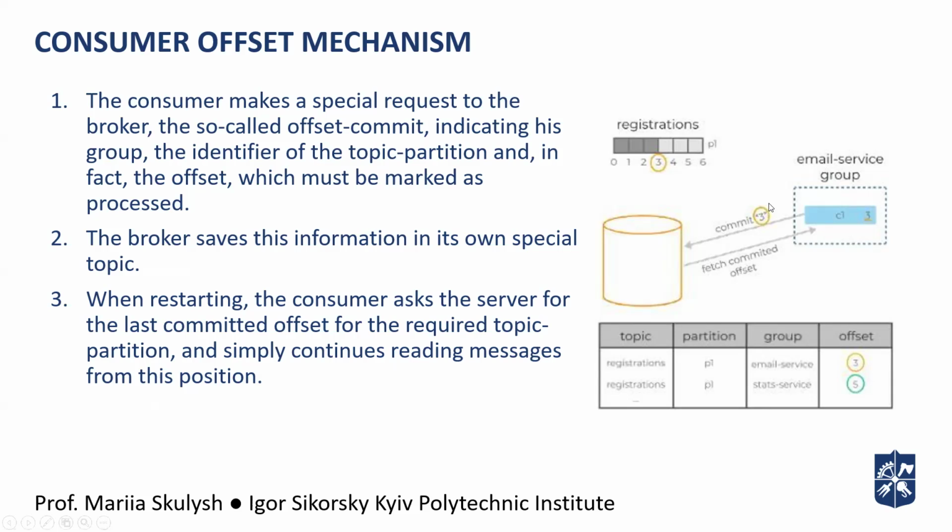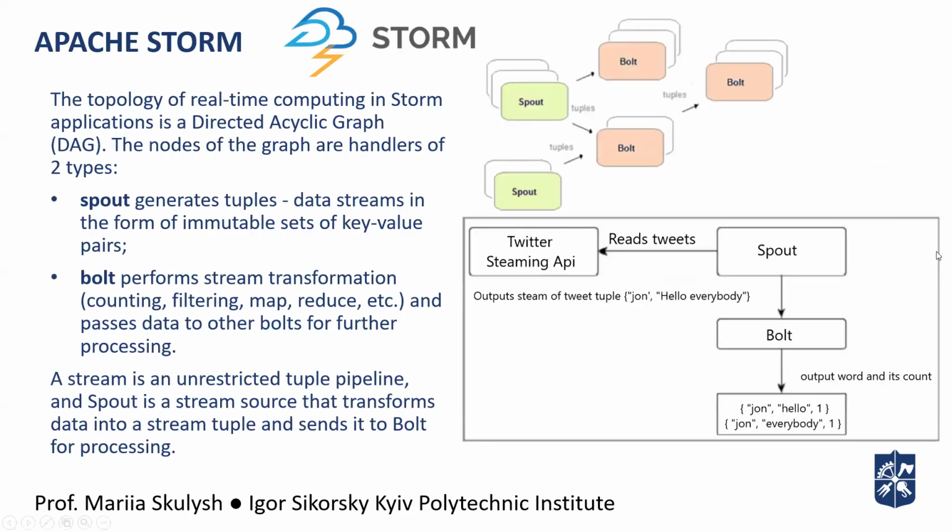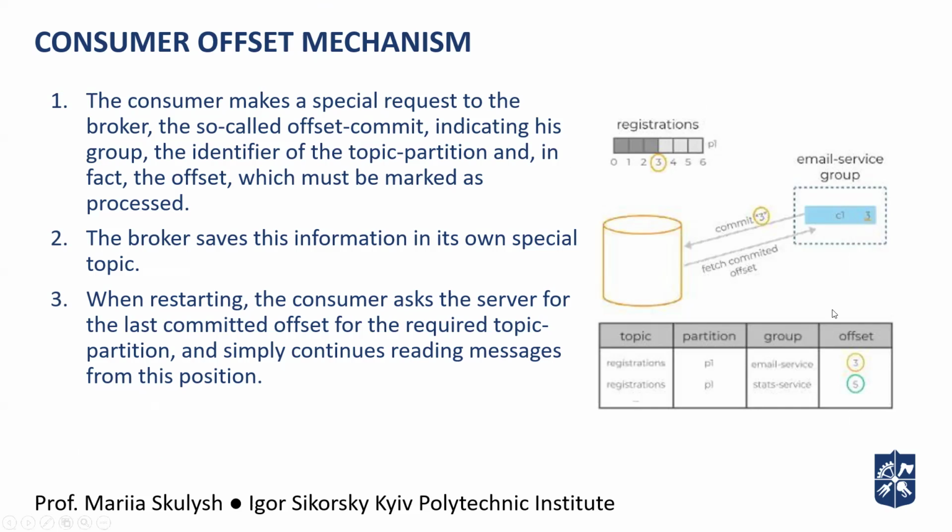For example, the mail server takes requests for processing, and each request is allocated an offset, allocated to one of the consumers.